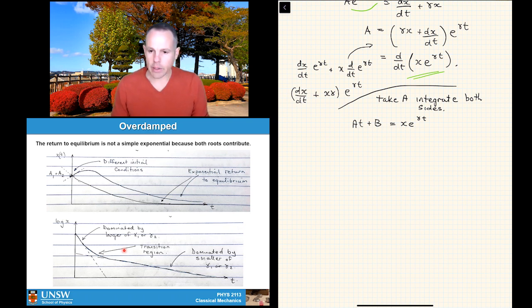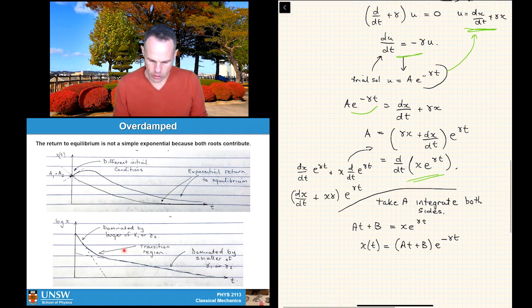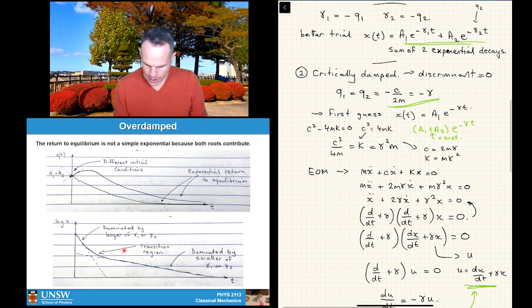All right, so now we can isolate x again. So what we have here is x of t is equal to (At plus B) e^(-γt), and we get our minus back by pushing the exponential over to the other side of the equation. And you'll notice now that this looks very similar to our initial trial solution way back up here.